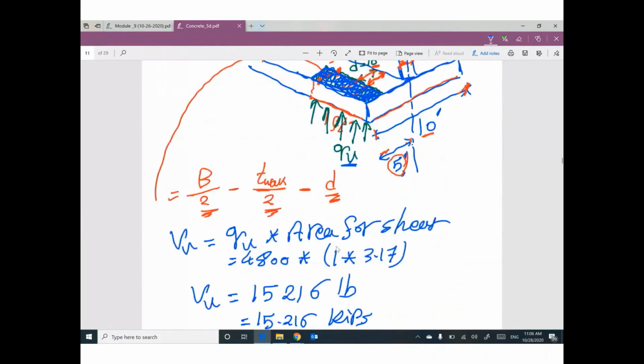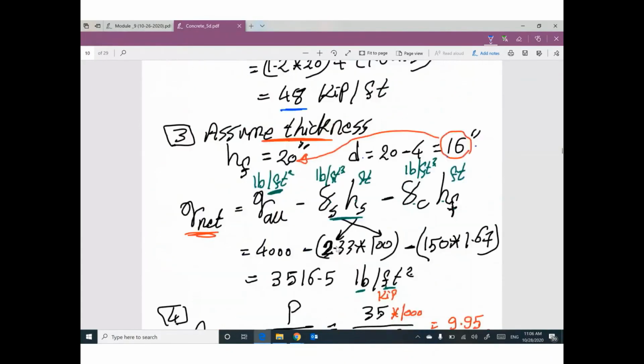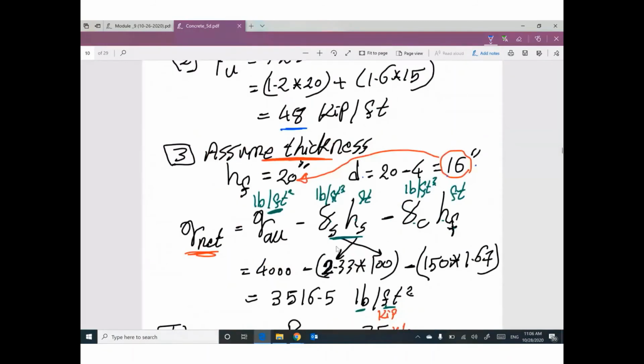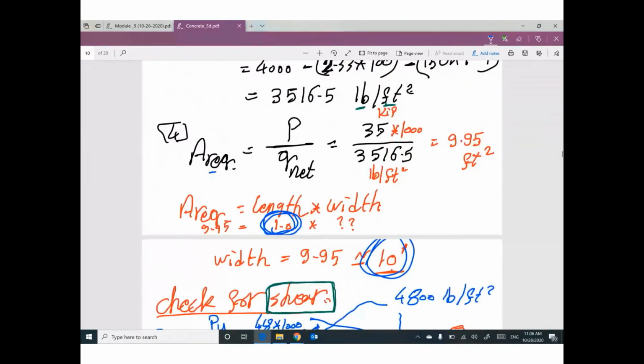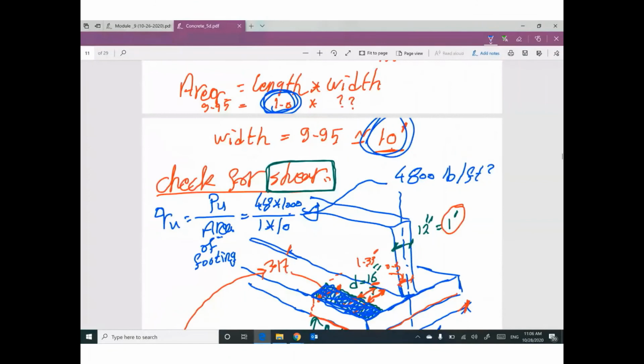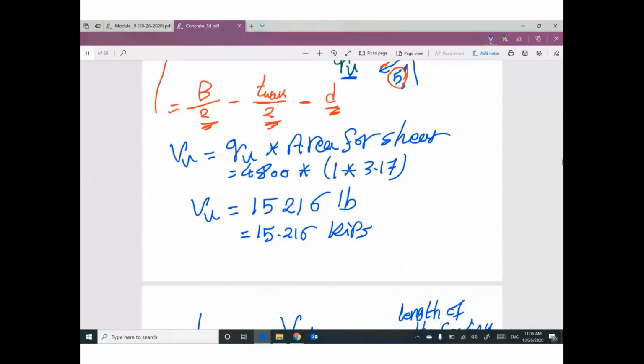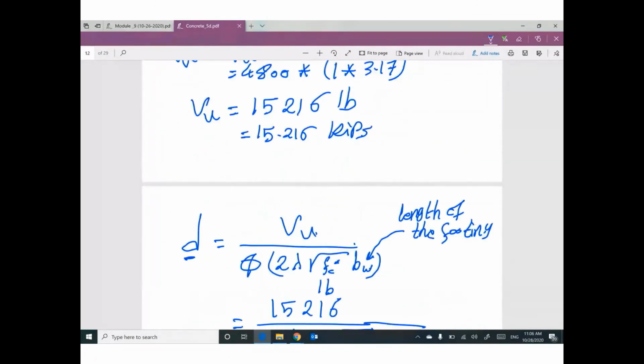Right now I have a depth, so I can figure out the HF, so I can figure out Q net, so I can figure out the area required, because everything will be changed. Okay? And keep going until you figure out a new depth. The new depth must be smaller than what you calculated before. Okay?